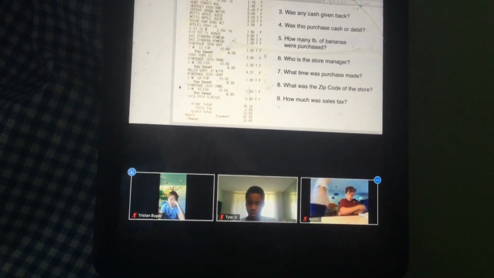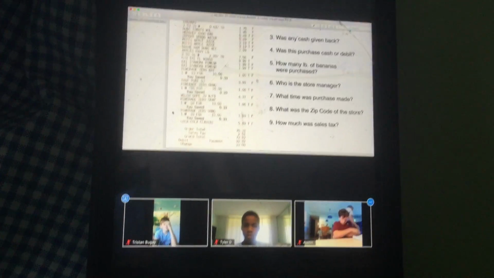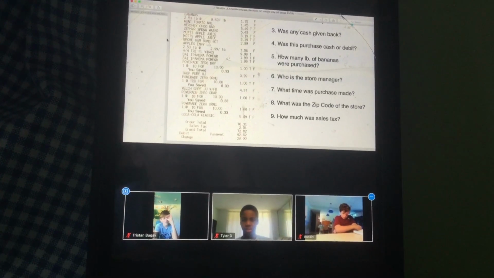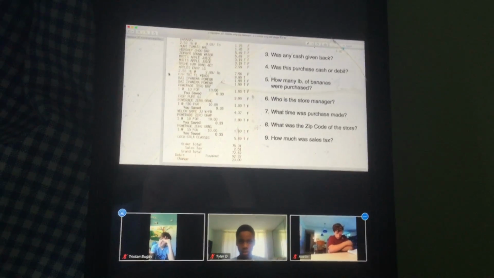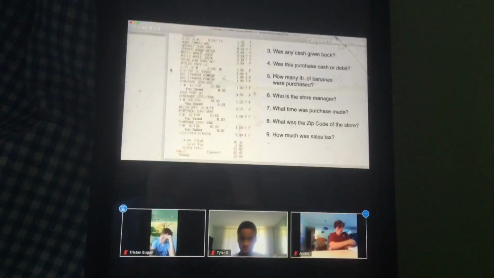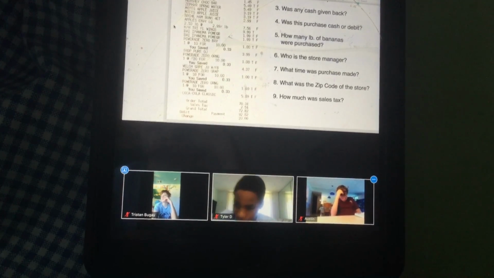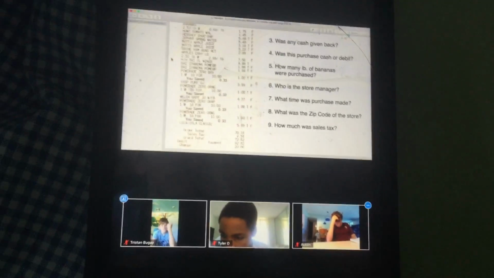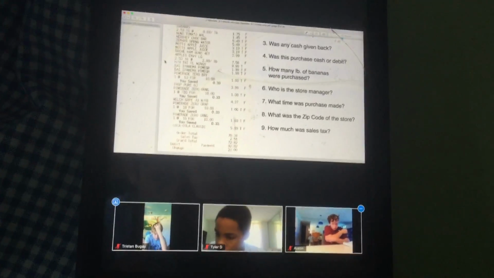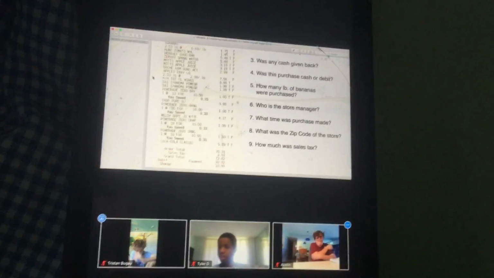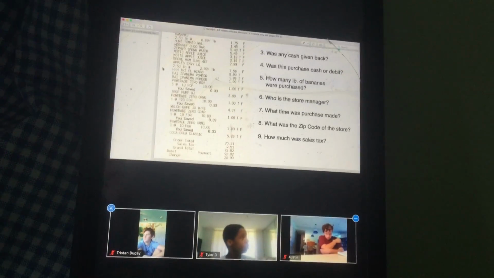Nope. Okay, well, sales tax. Sales tax is collected by the state of Florida. Sales tax is something that the consumer pays when they go shopping. It's a certain percentage of your purchases.